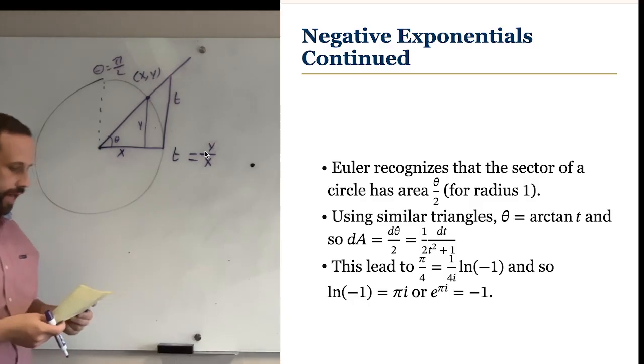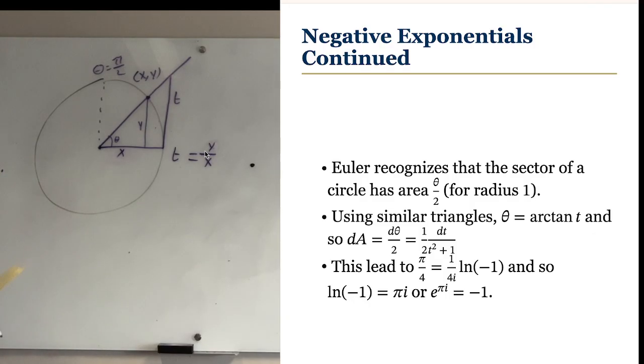Okay? All right. So what Euler is able to do, actually I think what Bernoulli does and Euler uses, is the following. He says, okay, well, t is equal to y over x.